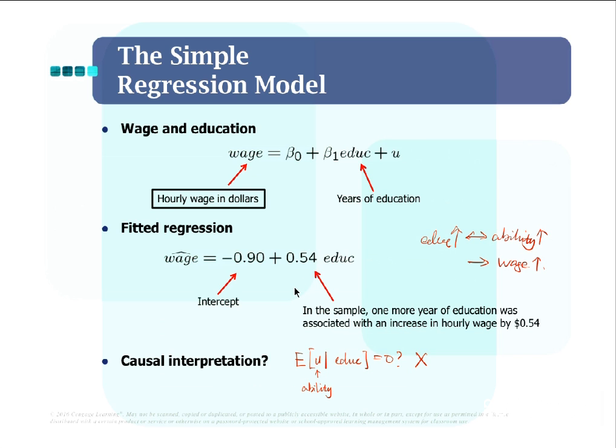Again, we have argued that this residual term, this error term, may contain the innate ability of a worker. And we have discussed that it is possible that education and ability are correlated. So conditional on a certain level of education, the variation of one's ability might not be equal to 0.